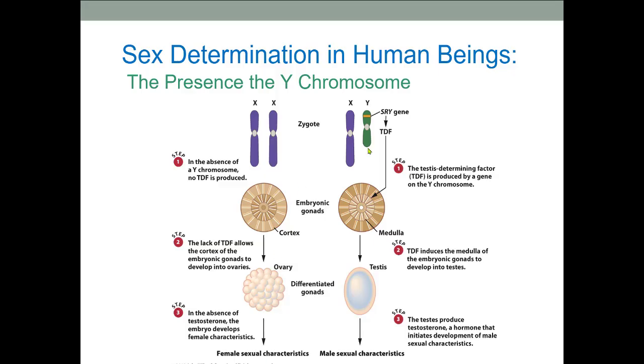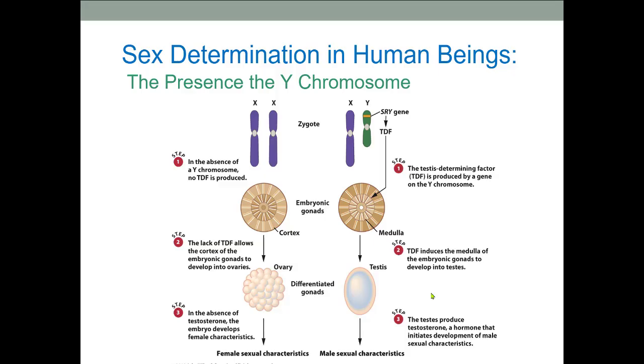In the presence of a Y chromosome, and more specifically this SRY region, which stands for sex-determining region on the Y chromosome, that gene produces testis-determining factor, which causes this tissue, instead of becoming an ovary, to become a testis. That testis then produces male sex hormones, predominantly testosterone, and that causes secondary male sexual characteristics to develop.